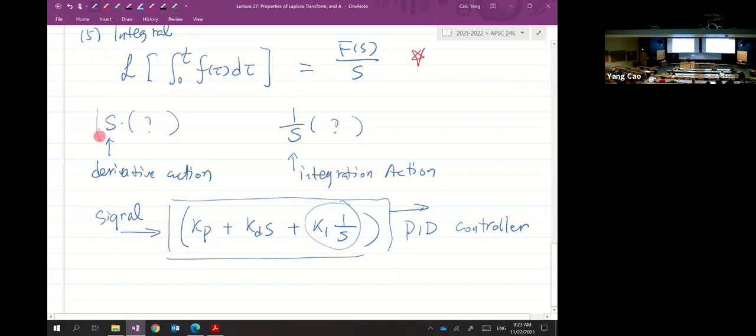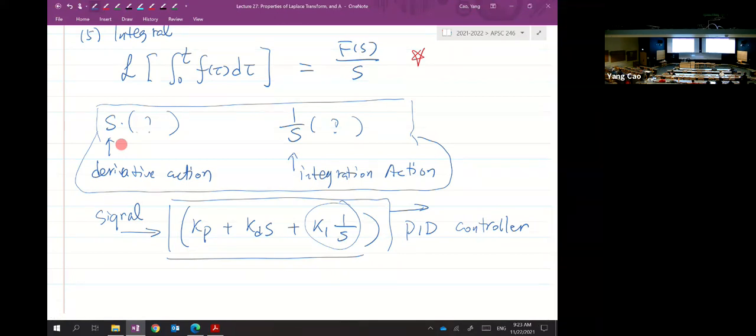But mathematically, if you had to remember something, what is S? What is 1 over S? The simplest meaning you can remember is that S times something gives you a derivative action, and 1 over S times something gives you an integral action.